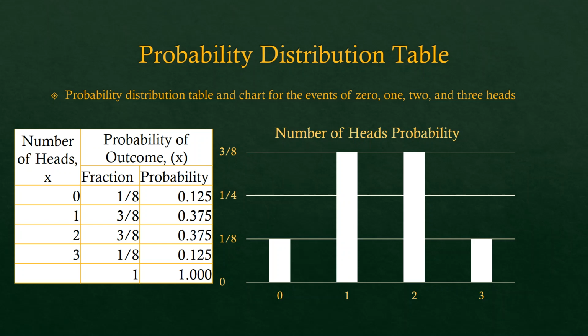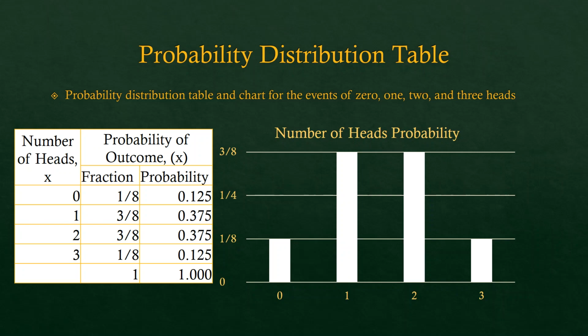And then finally, you can put this into a bar chart, and you can see that 0 heads will occur 1 out of 8 times, 1 head will occur 3 out of 8 times, 2 heads will occur 3 out of 8 times, and 3 heads will occur 1 out of 8 times.